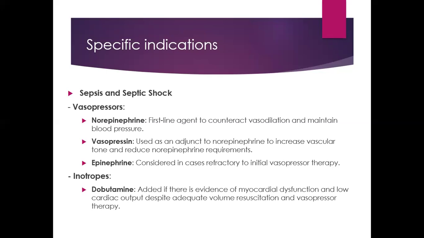Dobutamine helps to increase cardiac contractility and reduces afterload, making cardiac output more readily achievable. But note that by the time you are getting to add dobutamine to your patient in septic shock, the outcome really does not look good, especially with underlying myocardial dysfunction.